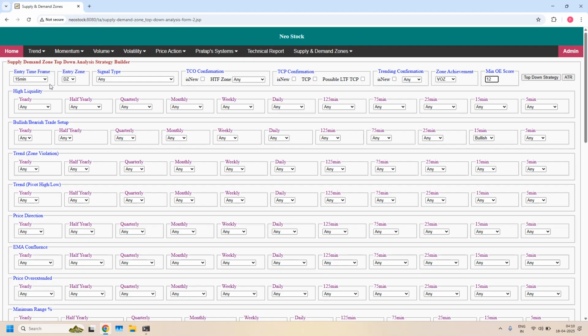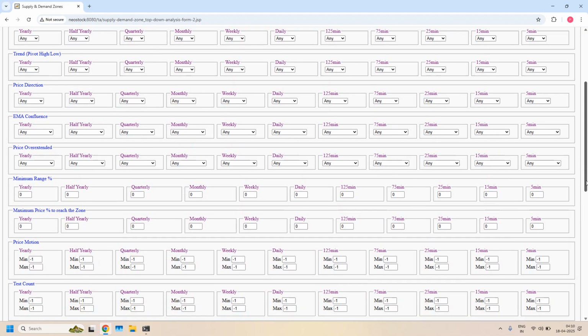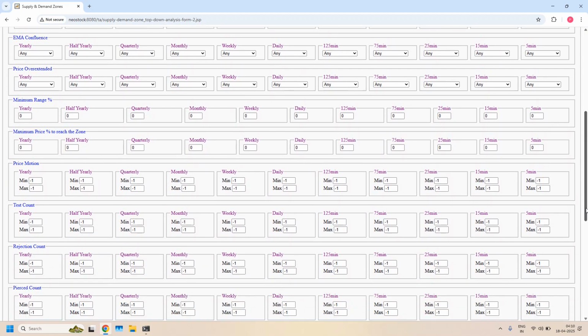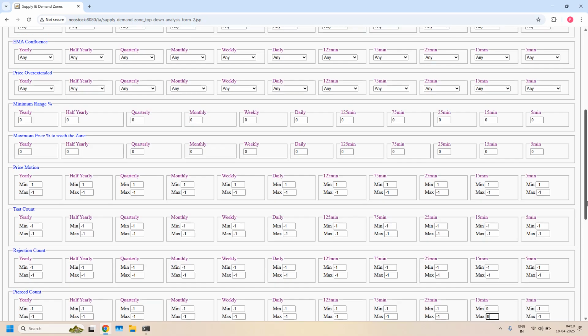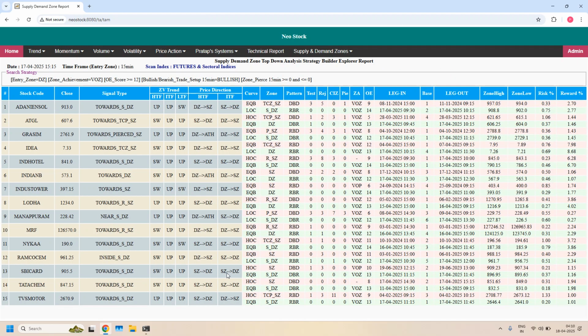And also this 15 minutes demand zone should not be pierced. So in the pierced count parameter, at 15 minutes time frame, I am setting minimum value 0, maximum value 0. So with these filters, we got 15 stocks.